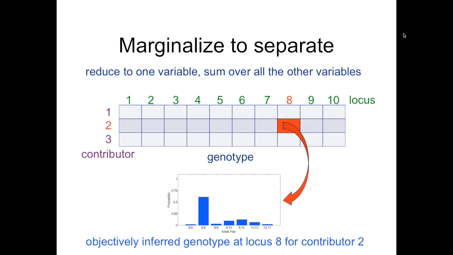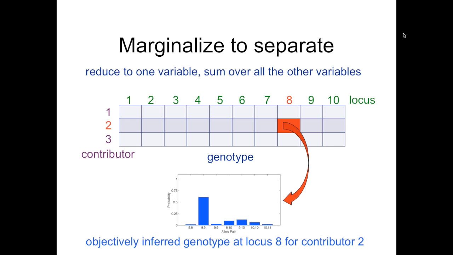So here, for example, if we took a look at the second contributor, indicated in red as the second row, and the eighth locus, then by marginalizing that joint probability distribution down to just that one genotype, the objectively inferred genotype at locus 8 for contributor 2, you would obtain the probability distribution over a few allele pairs that you see on the bottom here in that blue bar chart.